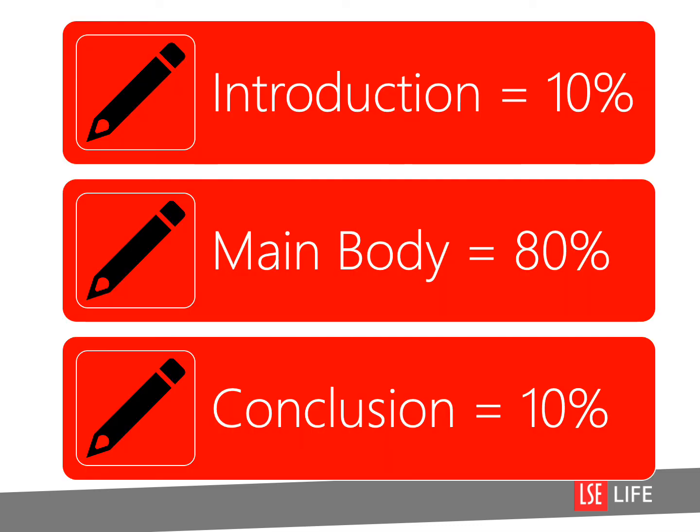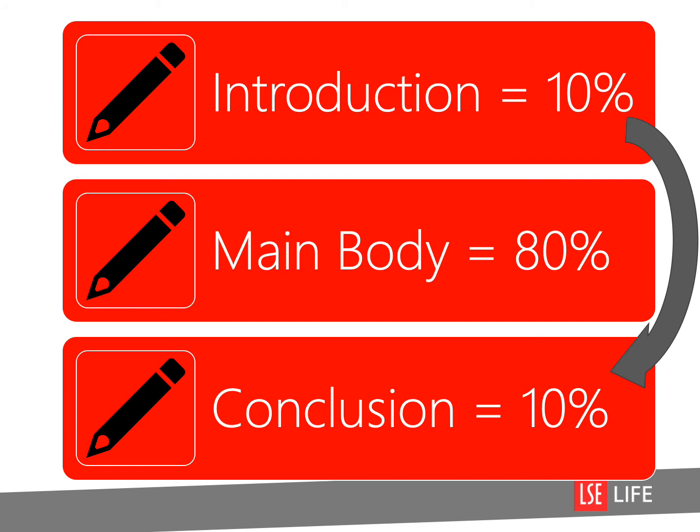A simple way to imagine any piece of writing is to work around the 80%-20% principle. So 80% of the word count given is for the main body of your answer, the points that you'll make, and 20% of the word count is for topping and tailing this with a good introduction and conclusion. There is some flexibility here.